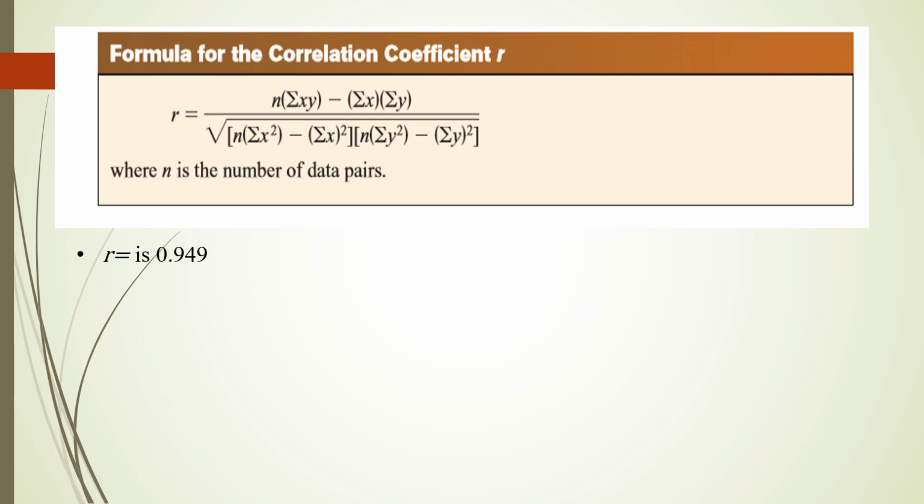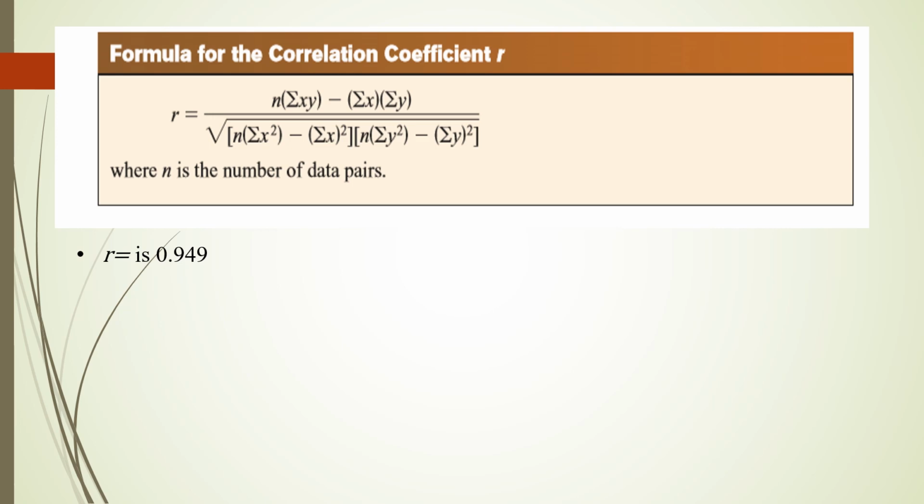After putting in all the values from the table, we will put here n sum of xy minus sum of x sum of y, divided by the square root of n into sum of x square minus sum of x whole square. If we put all the values of sum of x and sum of xy from the table, we will get the value of r is equal to 0.949. Here we will take only 3 decimal places.